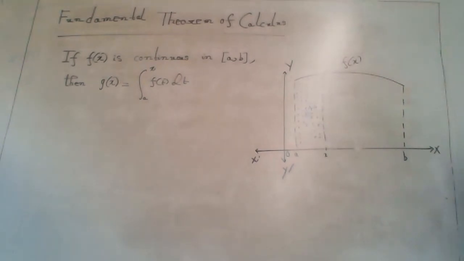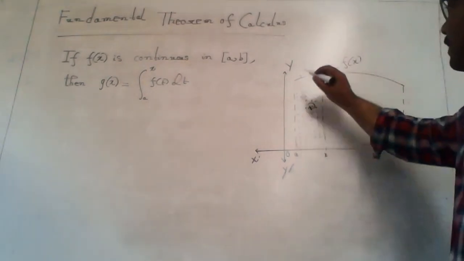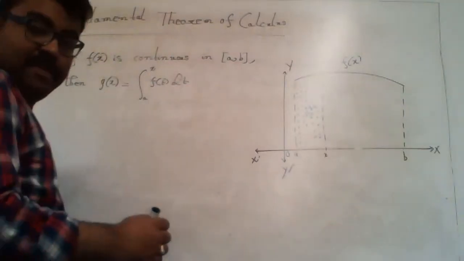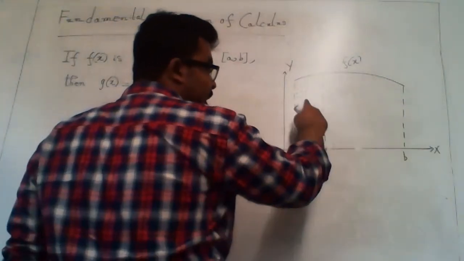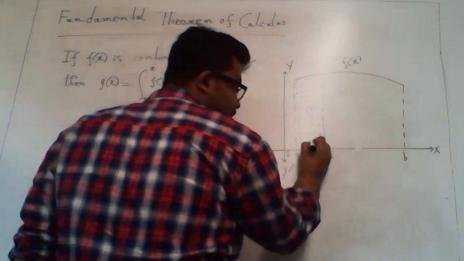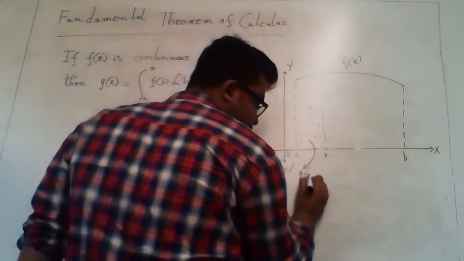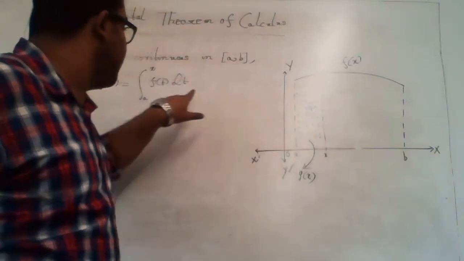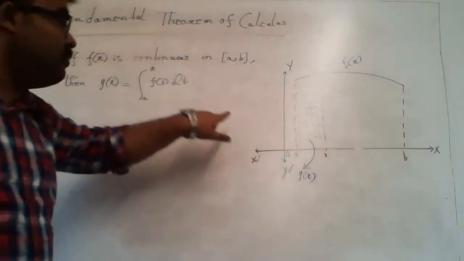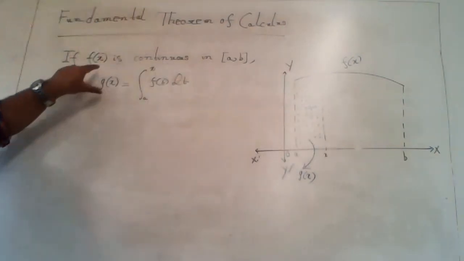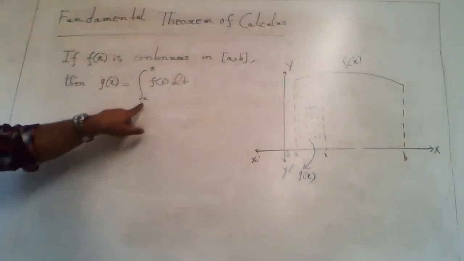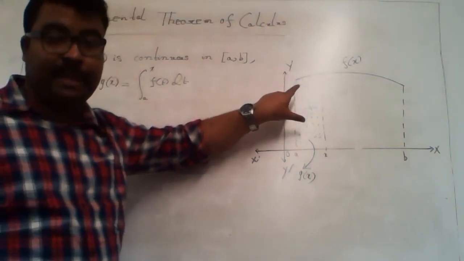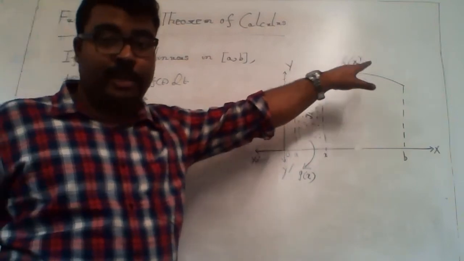So if I have a function f(x), and I take a point x here, and find this area, that will be g(x). Because we are integrating the function f(t) from a to x, this is the area. So I define a function g(x) as the integral from a to x of f(t) dt, which is simply the area under this function from a to x.